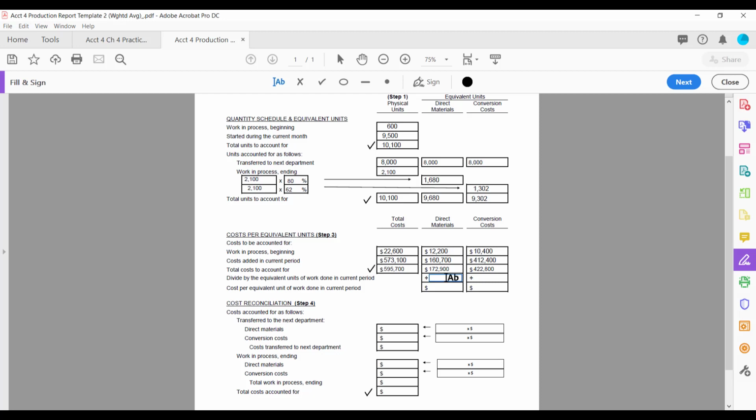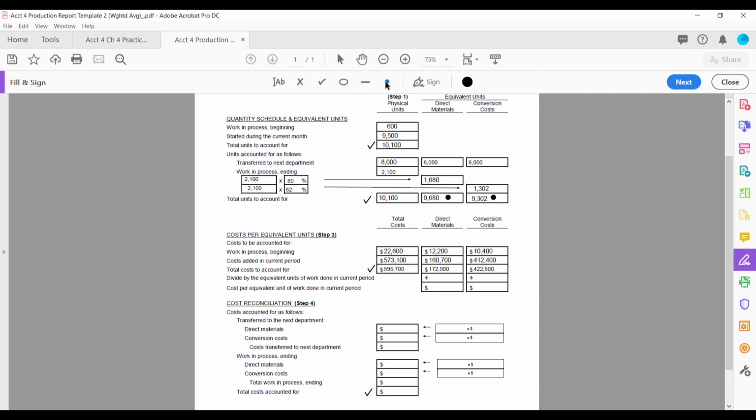Now we want to divide each of these total direct materials costs and total conversion costs by the equivalent units of work done in the current period. We already found the equivalent units of production, the equivalent units of work done in the current period. That is this number, and that is this number over here.